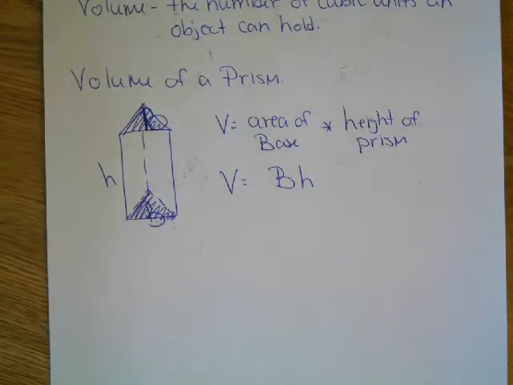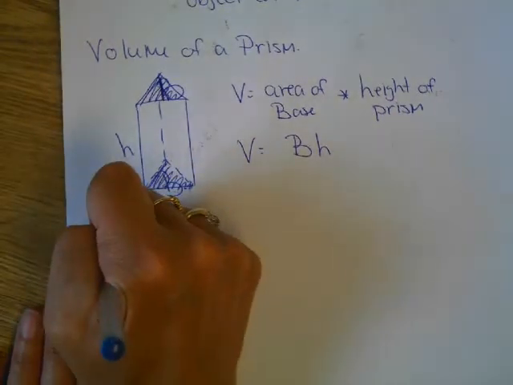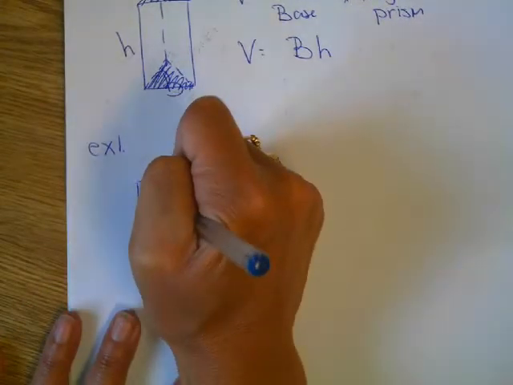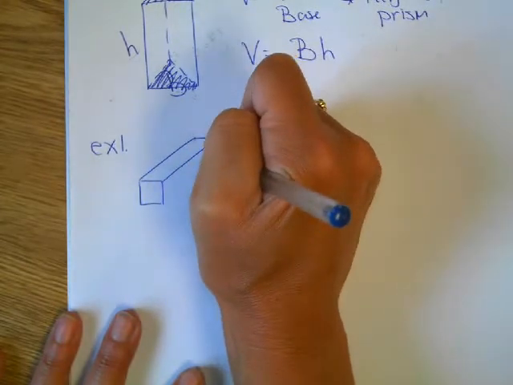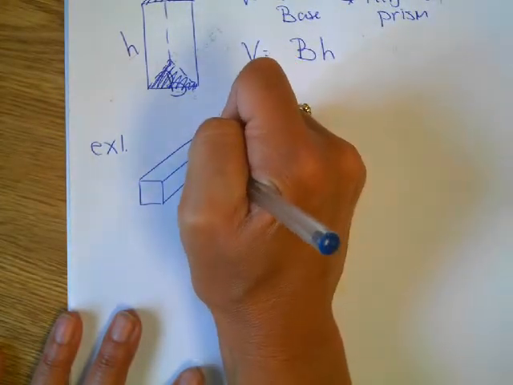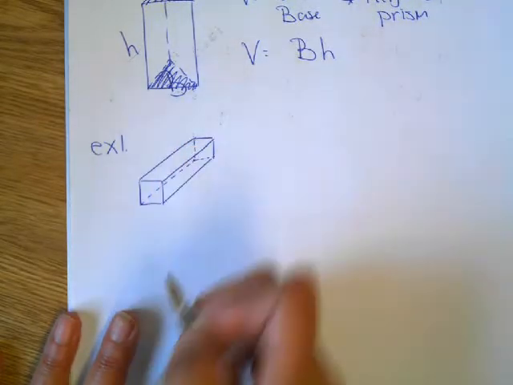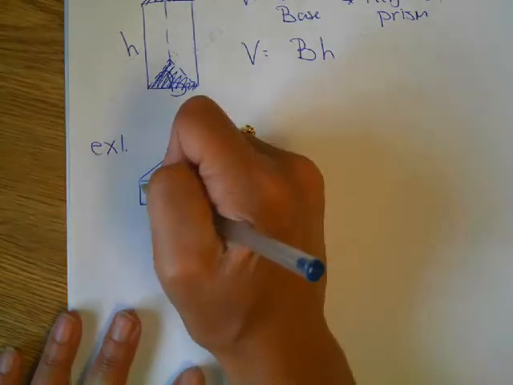So we will do a couple. Let's start simple. I tried to draw a square prism laying on its side.